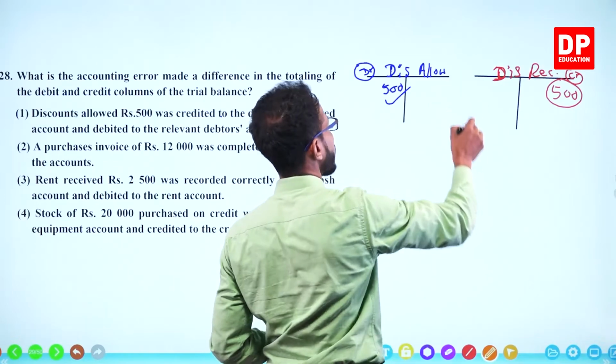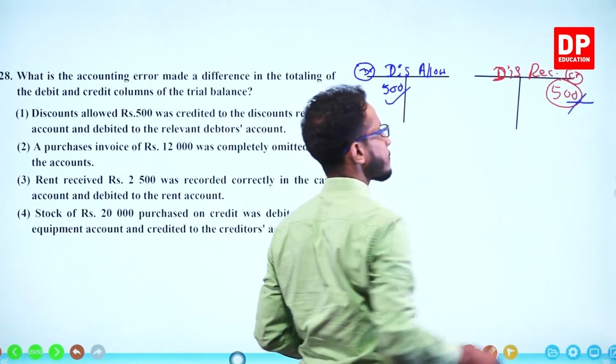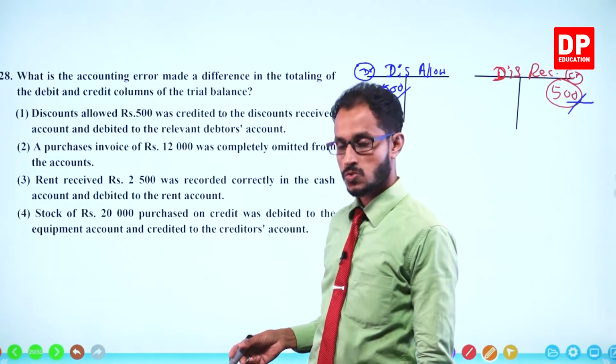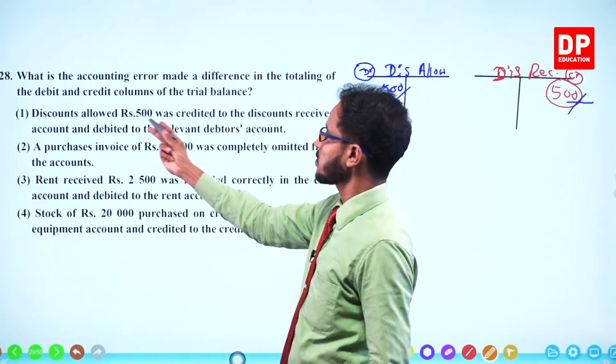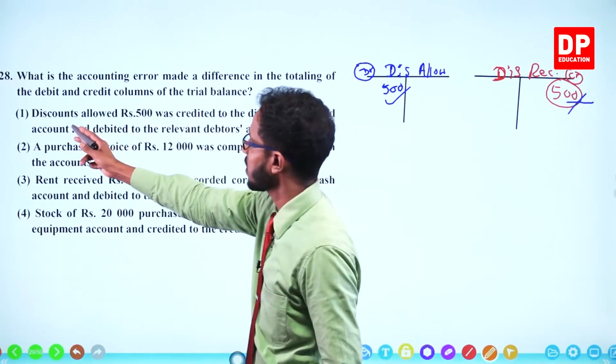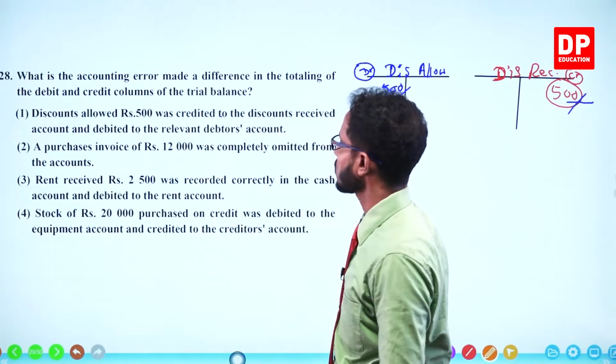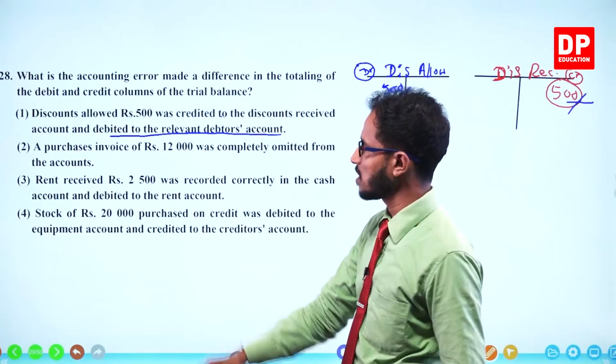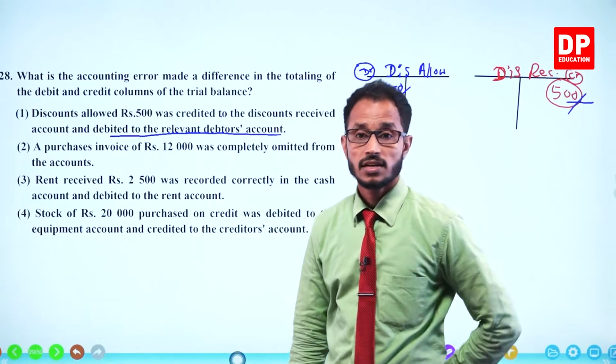This is the correct place. This is the wrong place. It was credited to the discounts received account and debited to the relevant debtors account.